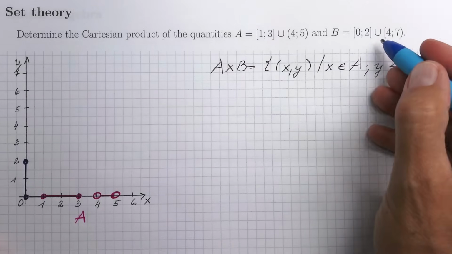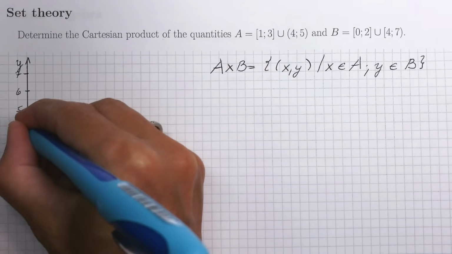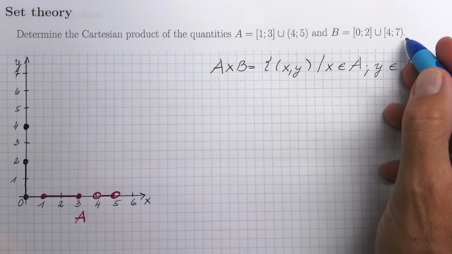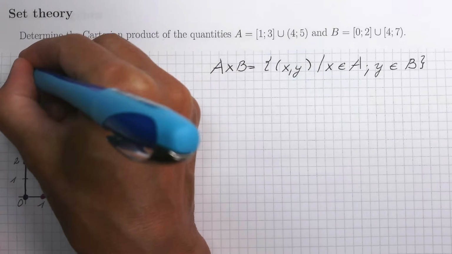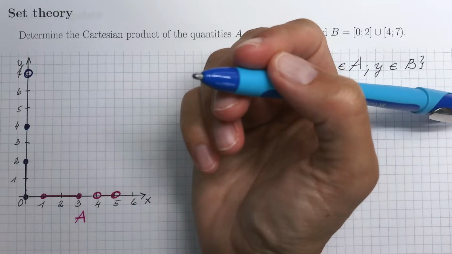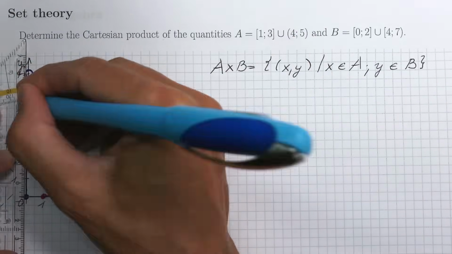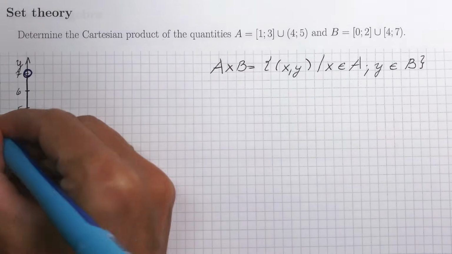And then we have a half-open interval between 4, which is closed here, so we take the bullet point, and 7. The 7, the other edge, is not included, so we demonstrate this as a circle. I hope you can see that well. Now here we have set B.